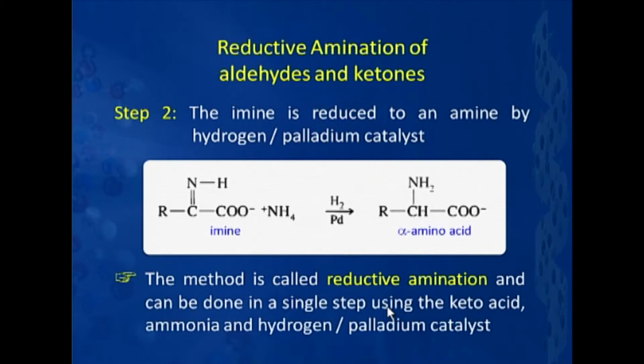The significance of this method is that though there are two steps, this method can be done in one step, because we can in one pot take the keto acid, take ammonia, and also add the hydrogen and palladium there. In one step we can get the product in one go. So, that is one method which we make use of in synthesizing alpha amino acids.